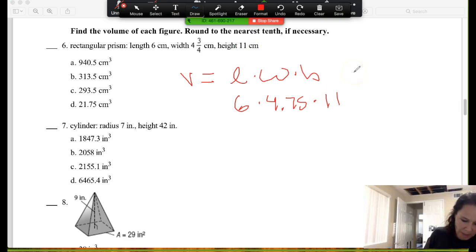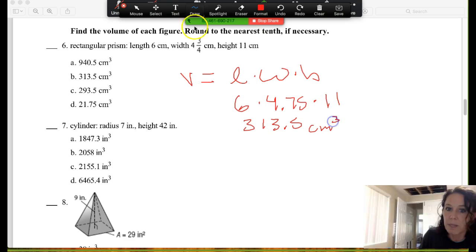Just go ahead and multiply that all out. 4.75 times 11 times 6, and you'll get 313.5. It's centimeters cubed because it's volume, because this was a centimeter, that was a centimeter, that was a centimeter, and you multiply it 3 times, you get centimeters cubed. And it's B.